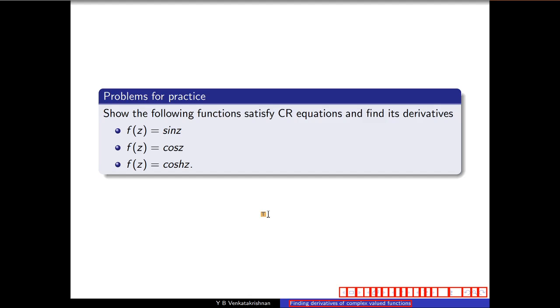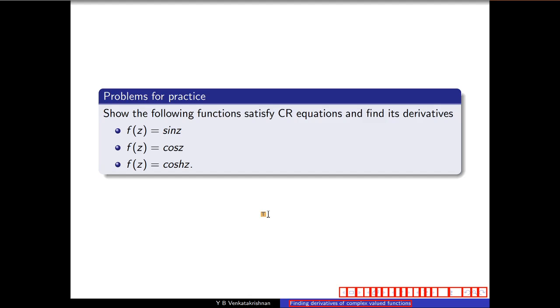Now these are some of the problems which you can try. These are all standard functions, namely finding the derivative of f of z is equal to sin z, f of z is equal to cos z, and you have also been given a hyperbolic function f of z is equal to cos h z. Now these functions, even though they are complex valued functions, become real valued functions when I restrict the imaginary part to be 0.